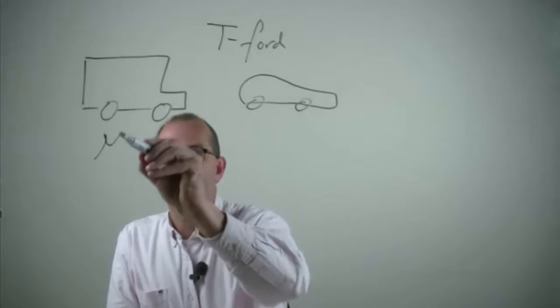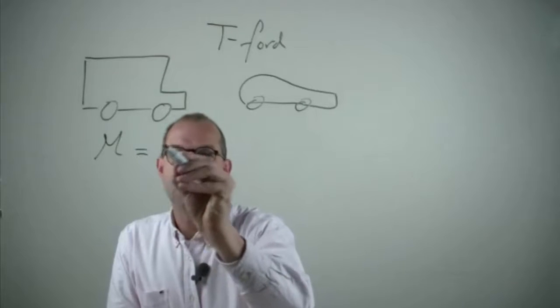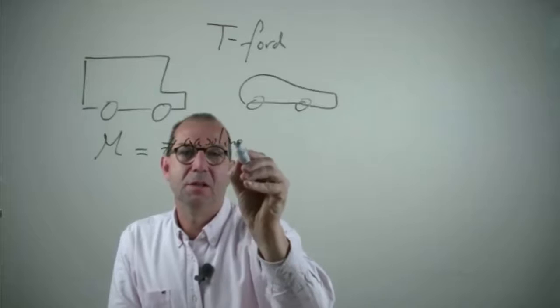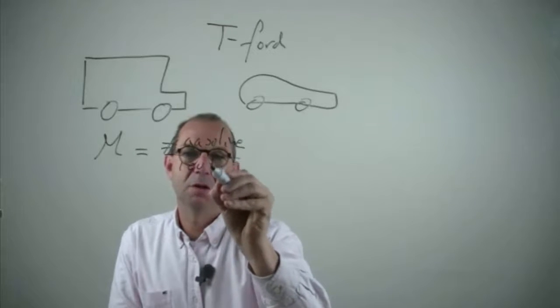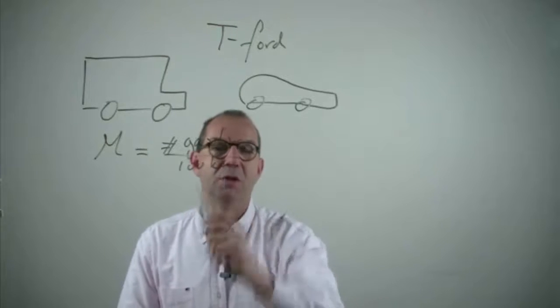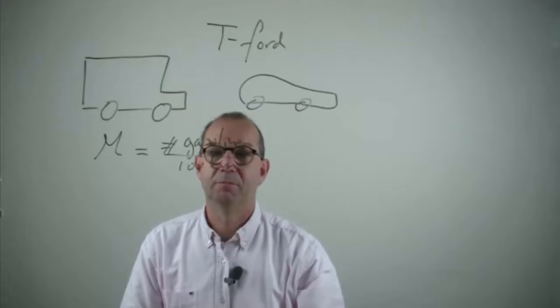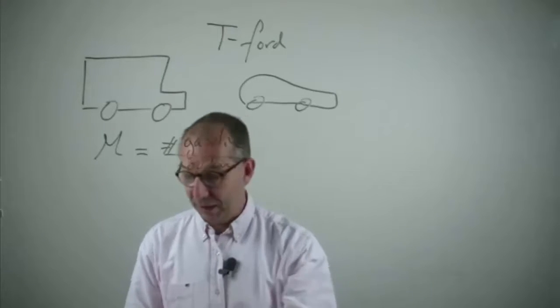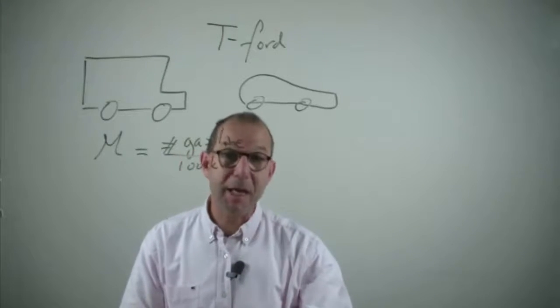The mileage is the amount of gasoline used per 100 kilometers, or rephrased, the amount of energy used per unit of length. If we ignore all other forces except for friction, then we can make estimates.